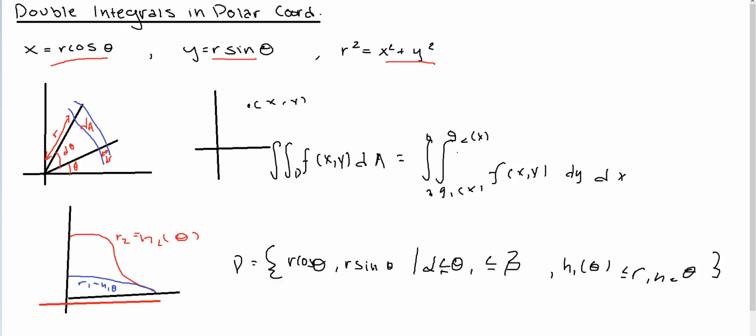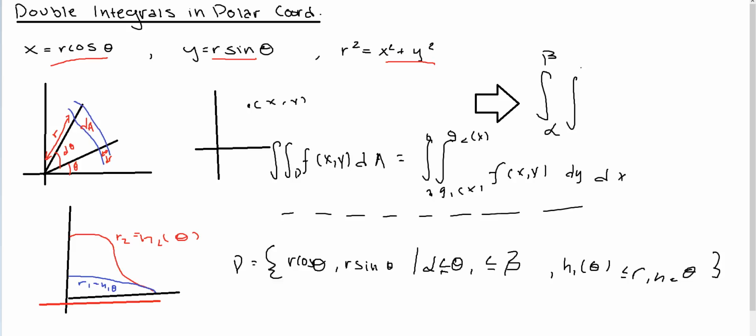So this means that instead of writing it as the following, we're going to actually change this to look something along the lines of the following. The integral over the general region is no longer going to be of f of x, y, but it's going to be from alpha to beta, and from h1 of theta to h2 of theta, depending on whatever is going to be on the top.